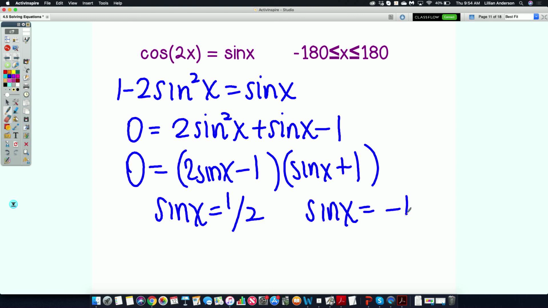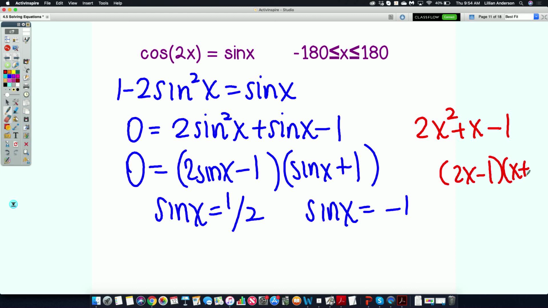If you are struggling with factoring trig quadratics, just replace it with a normal variable. Factor and solve how you would normally. You would get x equal to 1/2 and x equal to -1. Just realize it's with respect to sine, so then you just add on the sine at the end. It works the same way.